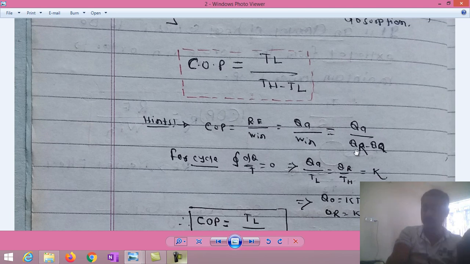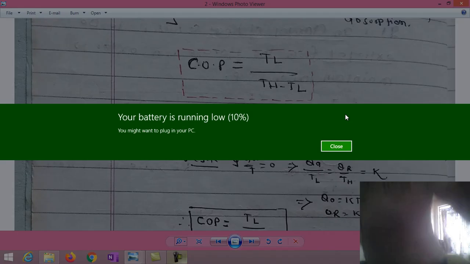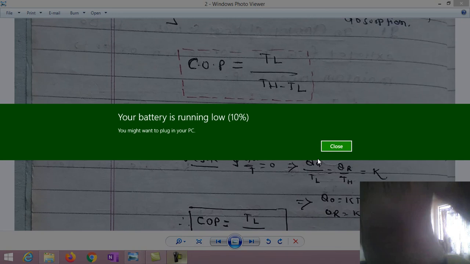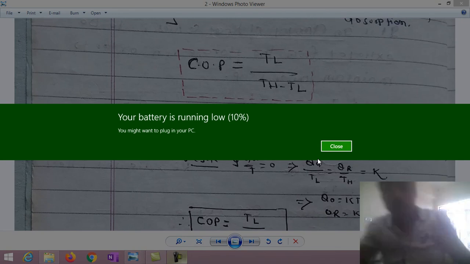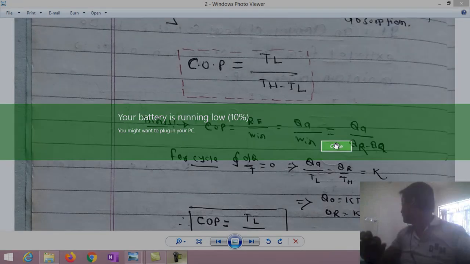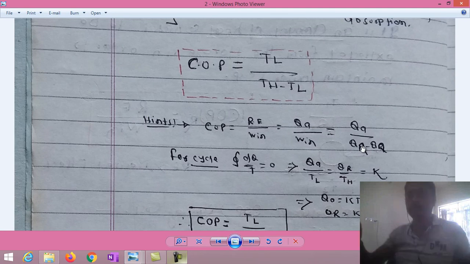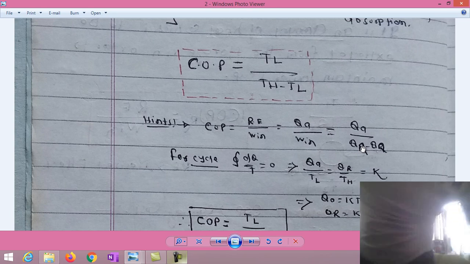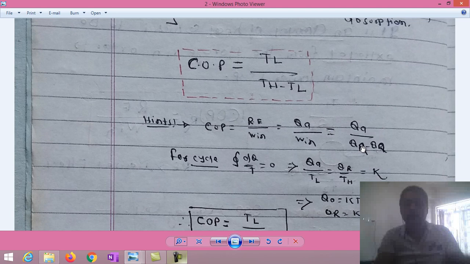Therefore, as per Clausius inequality, which we have studied, the cyclic integral of del Q by T is less than or equal to 0.